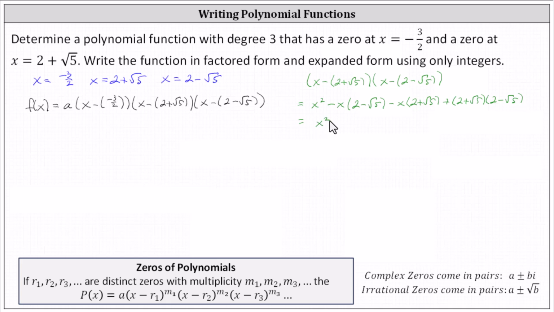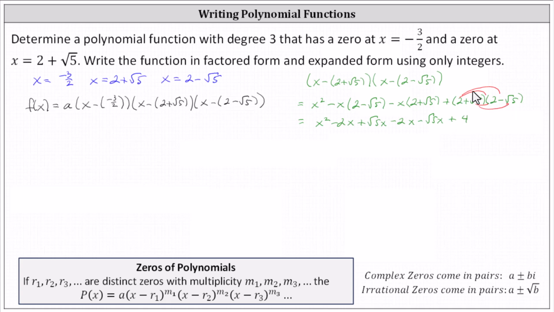We have x squared minus 2x plus square root 5x, and then minus 2x minus square root 5x. And now for this last product, we have four products, 1, 2, 3, and 4. We have plus 2 times 2, which is 4.